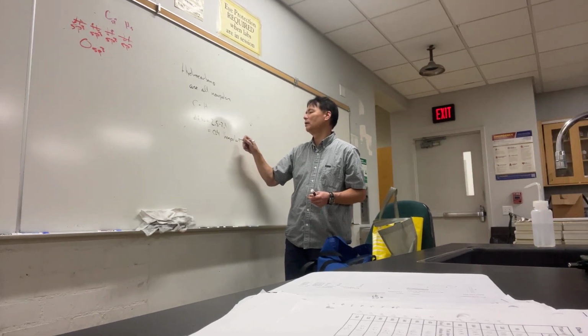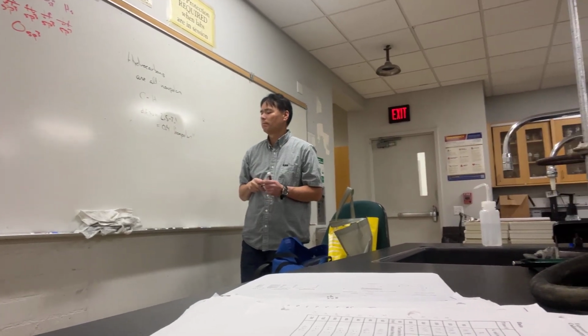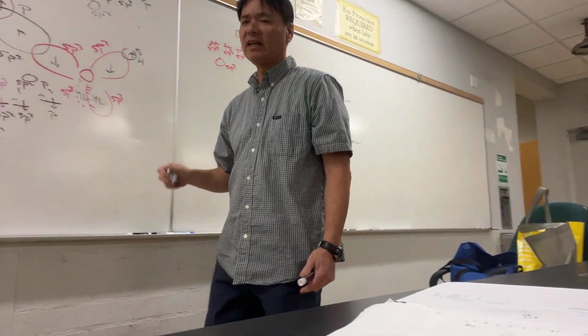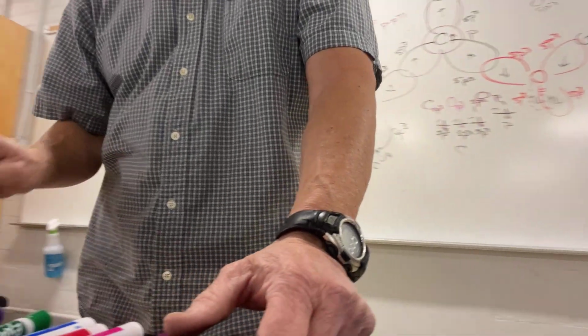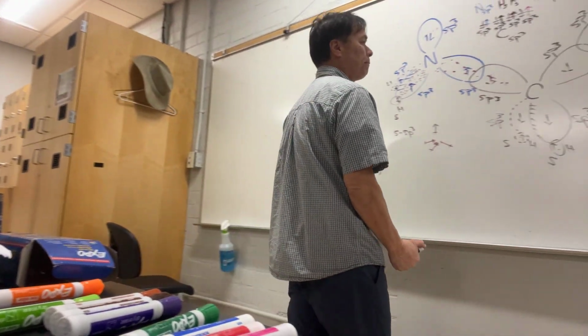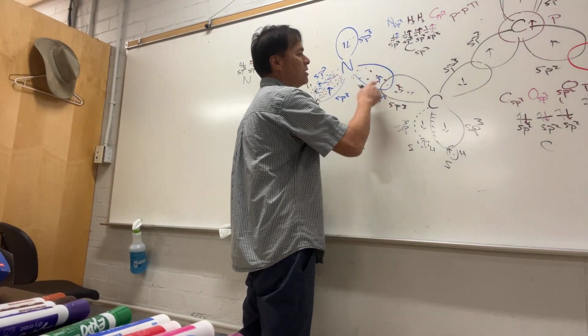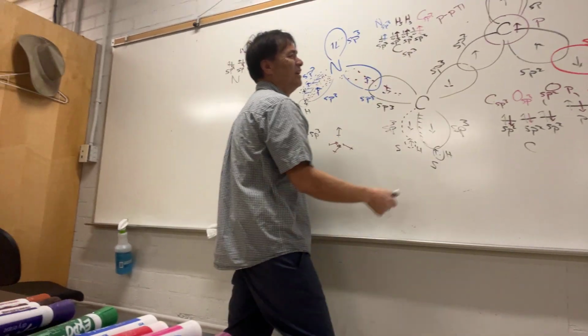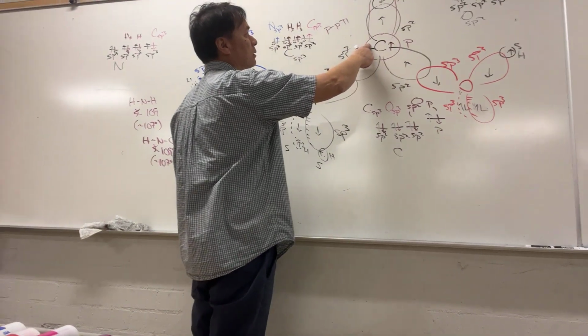Or you could call it negligibly polar or whatever. This has got very low polarity. And so there's going to be some polarity here, but we kind of ignore this hydrocarbon part. This is going to be polar here.